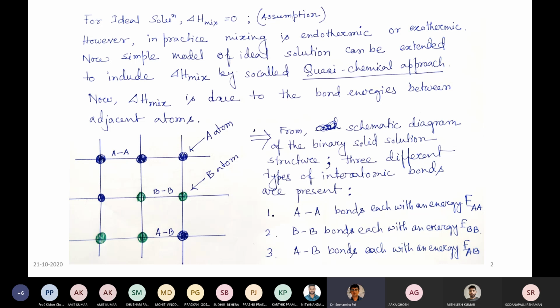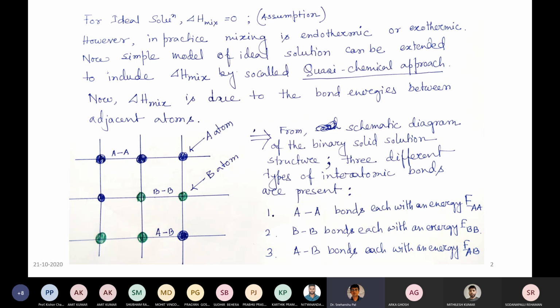So if we consider the ideal solution, then for a particular phase, suppose G alpha, we get G alpha is equal to XA GA plus XB GB plus RT XA ln XA plus RT XB ln XB. Again I am repeating: XA is the mole fraction of the A component or A element, and GA is the Gibbs energy of A. XB is the mole fraction of B, and GB is the Gibbs energy of B. Then we incorporate T into del S, where del S is R XA ln XA plus R XB ln XB.